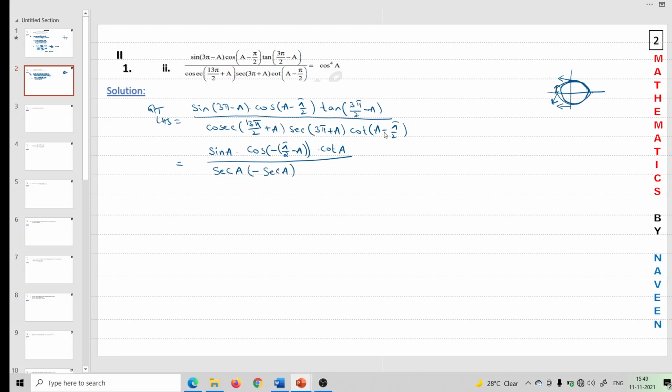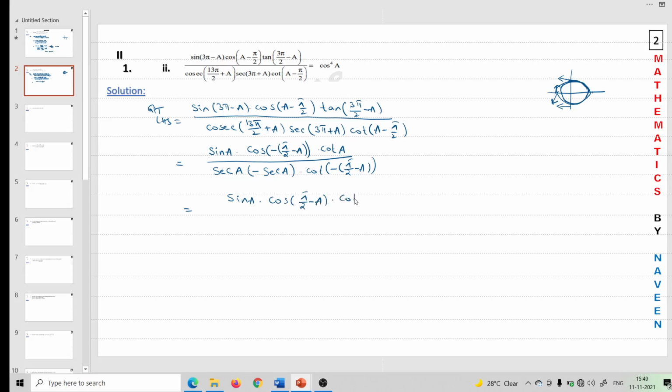Right? And here also we have to take common minus. Why? Because we have to write it as pi by 2 minus a. So for that, cot of minus of pi by 2 minus a. That is equal to sin a into cos of minus theta, cos theta only. So cos of pi by 2 minus a I am writing simply.